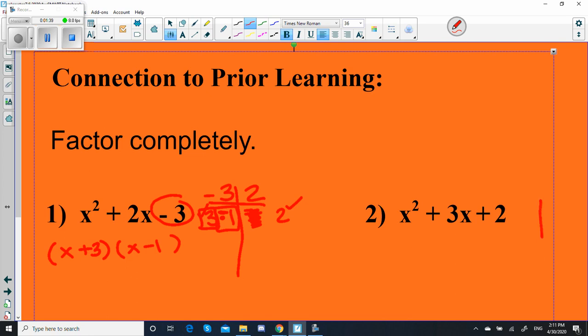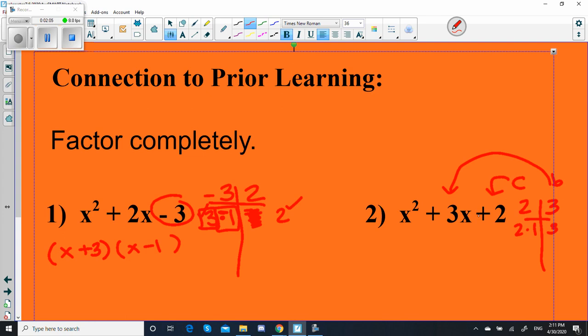This time I'm looking for factors of +2 that give me a sum of 3. Again, I'm taking that from the c right here, and that b from the middle. The only two factors of 2 that I can think of are 2 times 1. 2 times 1 equals 2, and 2 plus 1 equals 3. So we found it.